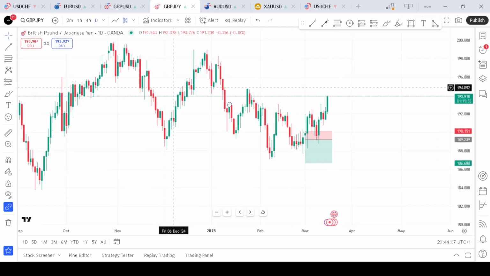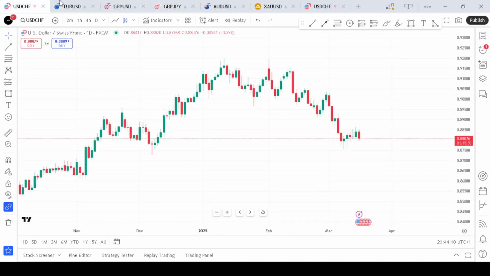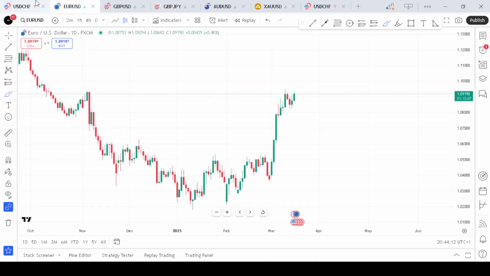Another pair that we can look at is the USD CHF and the Euro USD. These pairs show negative correlation.